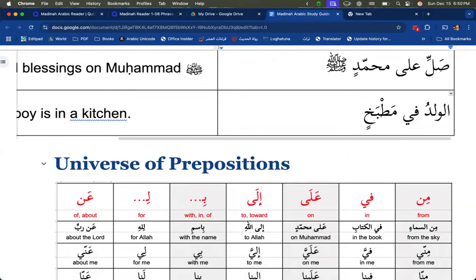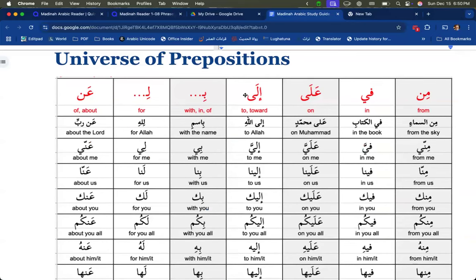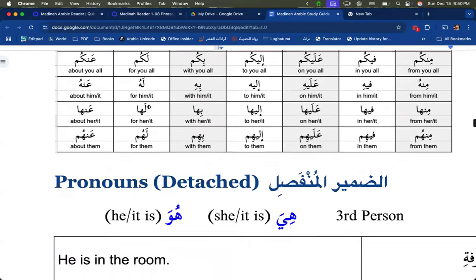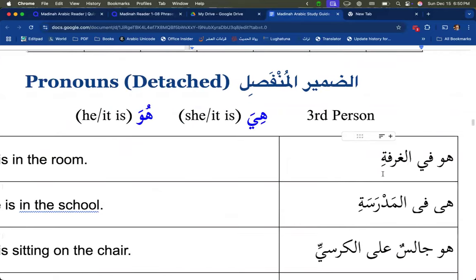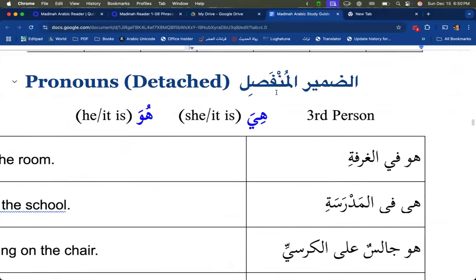Both are fine. Okay, and then this is the universe of the prepositions: min, fi, ala, ila, bi, and li. Okay, and then we learned about the detached pronouns, ضمائر المنفصلة. Huwa, hiya are the ones we learned in lesson 4.